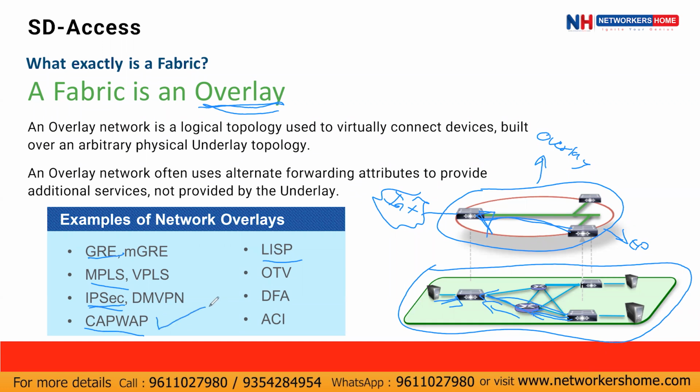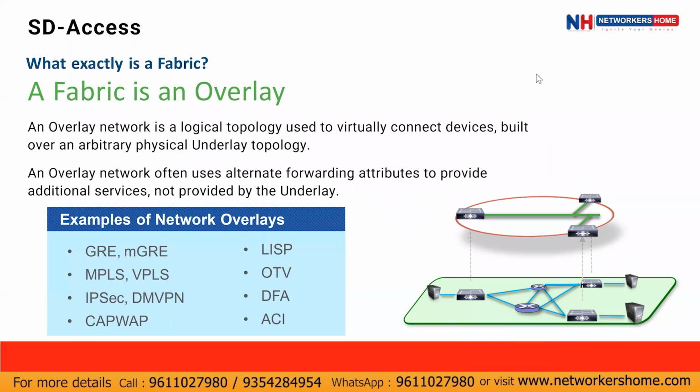Even if there are multiple hops in between, if the access point is somewhere here and the wireless controller is connected to this L3 switch, it will directly form a tunnel like this. So it will look like the AP is directly connecting to the wireless controller rather than going through these hops. So this is what an overlay looks like. Clear?